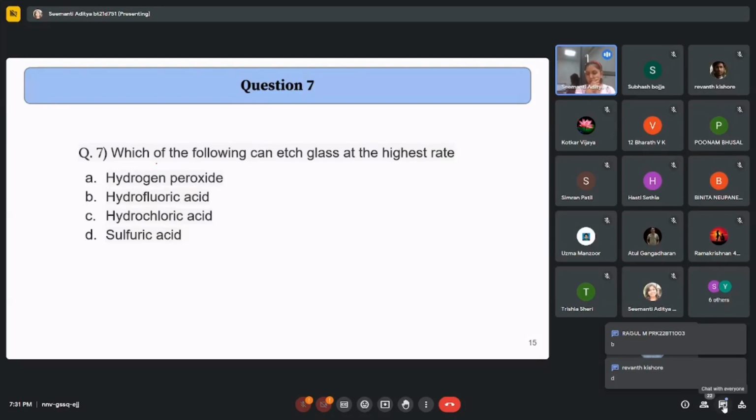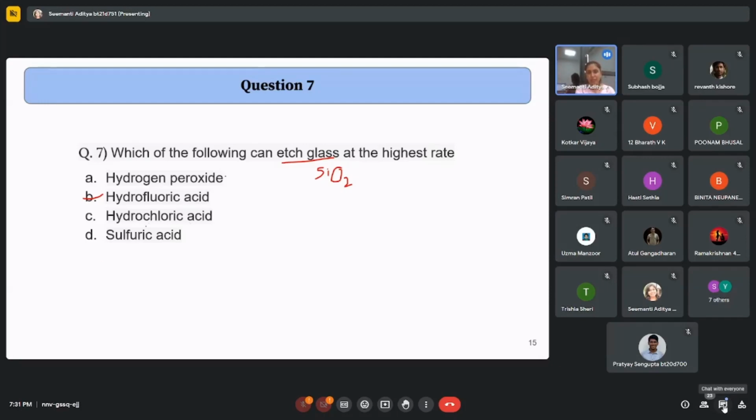Okay, so the correct option for this is option number B, hydrofluoric acid, because glass has silica, and this silica's oxygen is replaced with fluorine. Because it replaces oxygen with fluorine, it will corrode the surface of glass more as compared to the other acids.